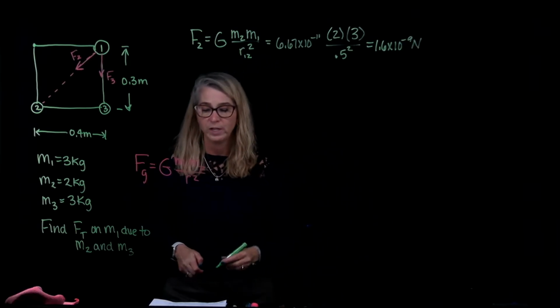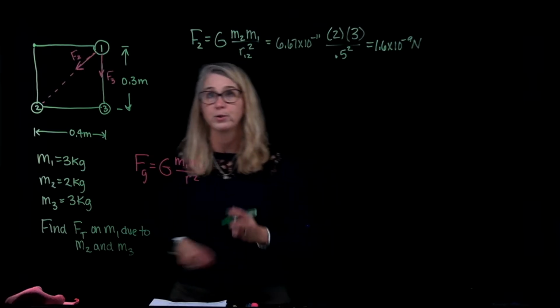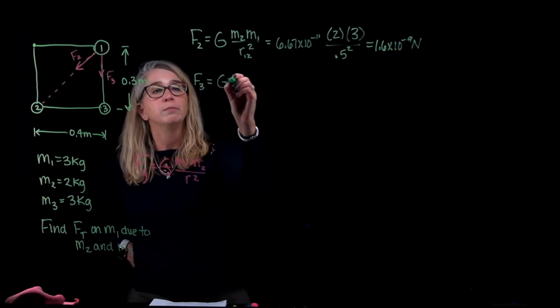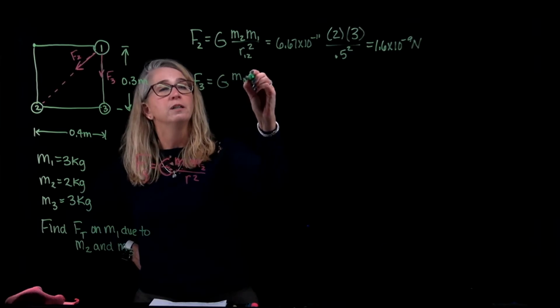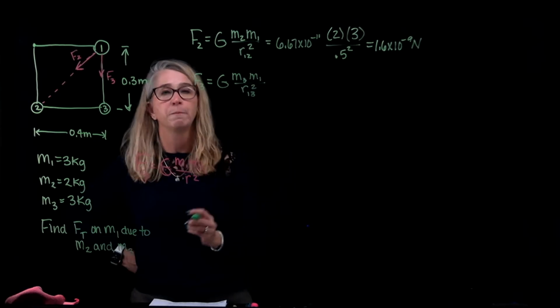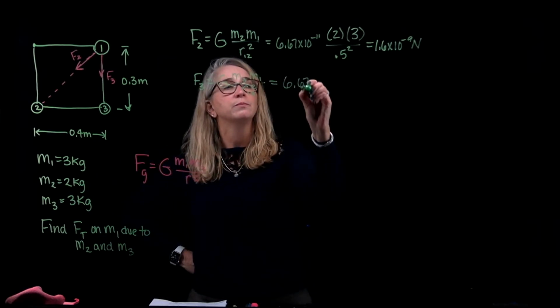Remember, this is a really weak force, and I use small masses, and that's why all these forces are going to be very small. The magnitude of force 3 is going to be big G, mass 3, mass 1, over the distance between 1 and 3 squared, and now we put in our numbers.